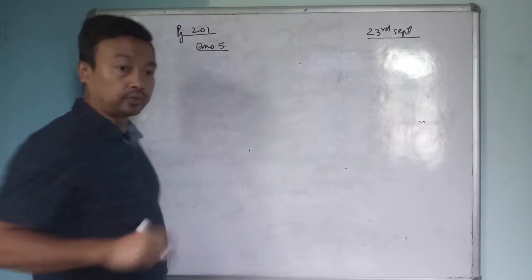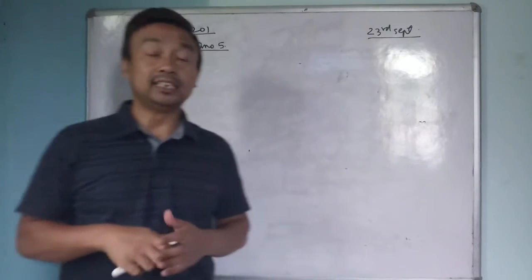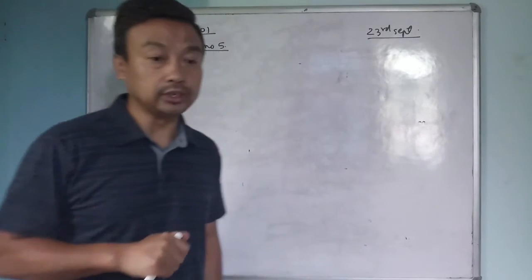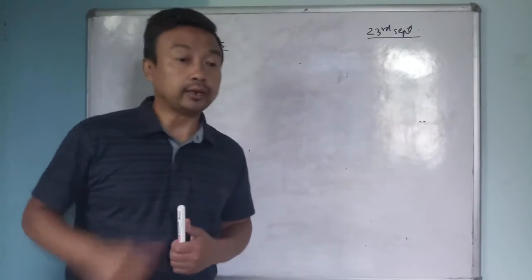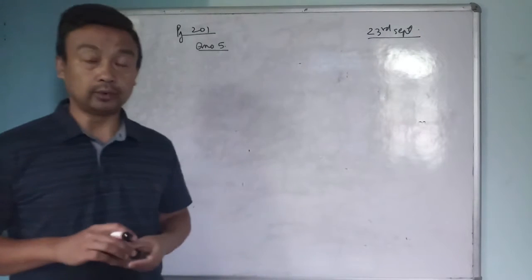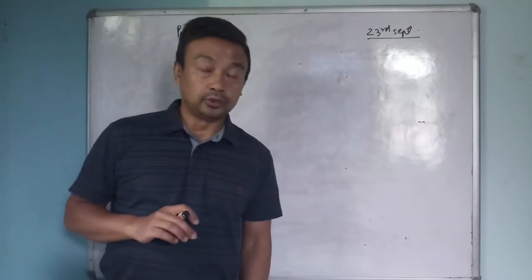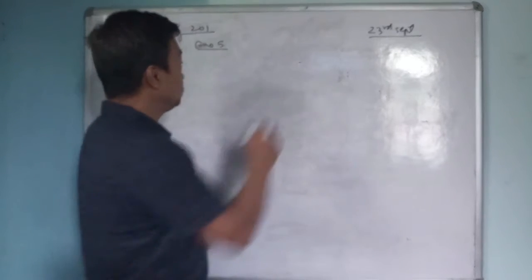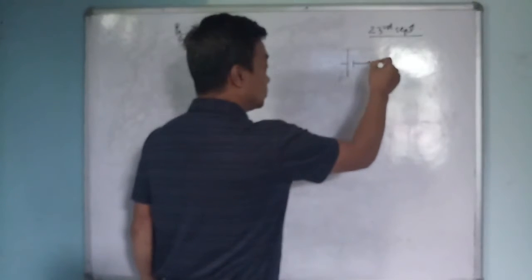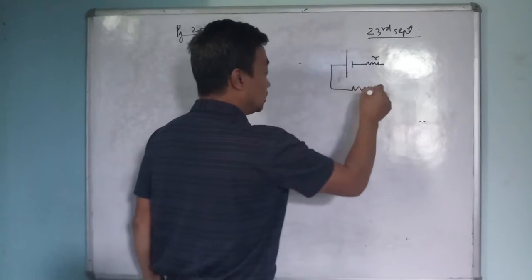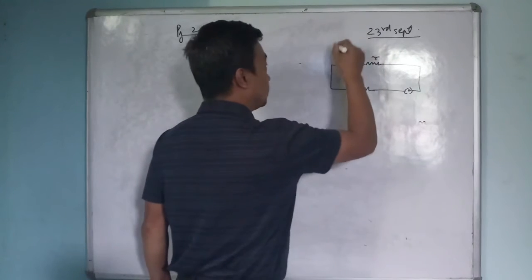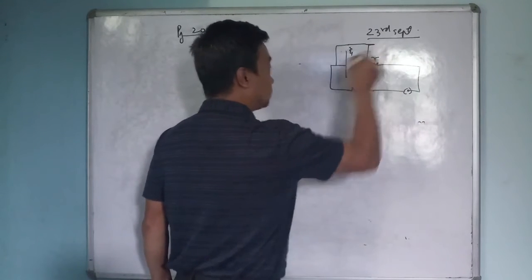Question number 5: A cell of EMF and internal resistance sends a current of 1 ampere when it is connected to an external resistance of 1.9 ohm. So there is a cell. You have no need to make the diagram, but still I can make a diagram here. It has an internal resistance and an external resistance, and let us say there is a key, and this is the EMF.